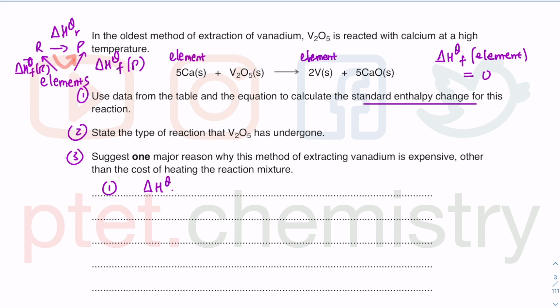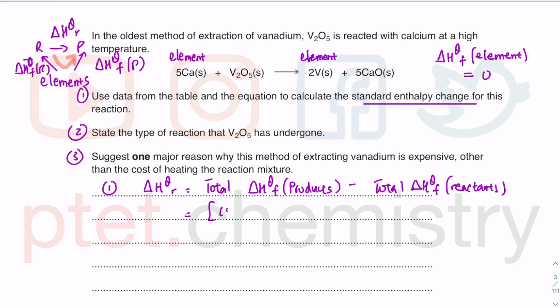So the enthalpy change of reaction is going to be the total enthalpy of formation of the products minus the total enthalpy of formation of the reactants, to work out the enthalpy change of reaction here.